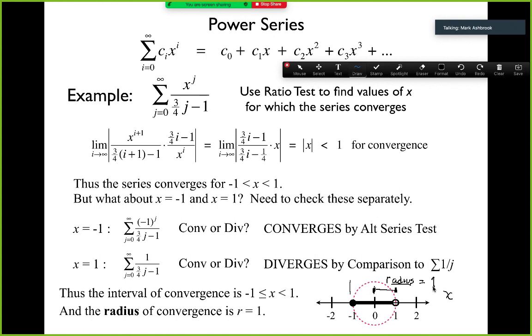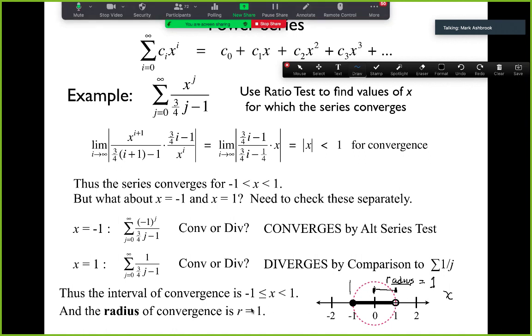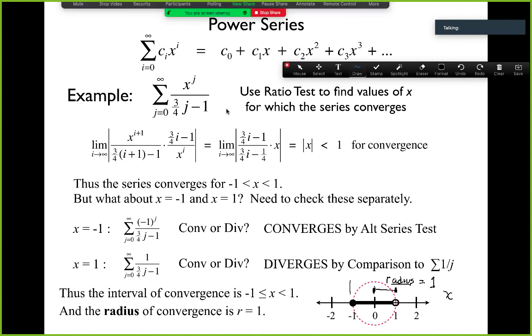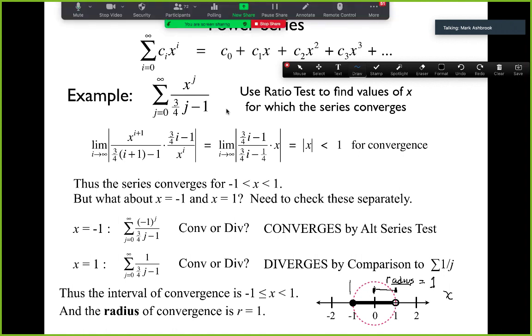So in this case it's 1, because from 0 to 1 or 0 to -1 is the radius of the circle, and it's always half the distance of the interval. So we'll say that this power series has a radius of convergence of 1, meaning that its interval of convergence has a width of 2. Does that make sense?